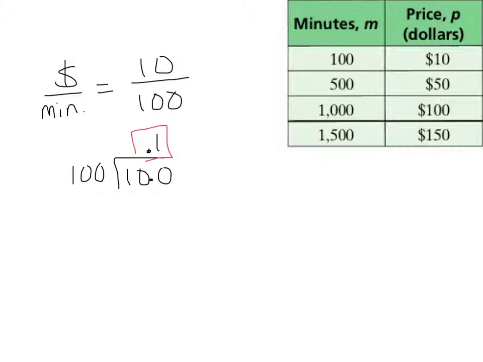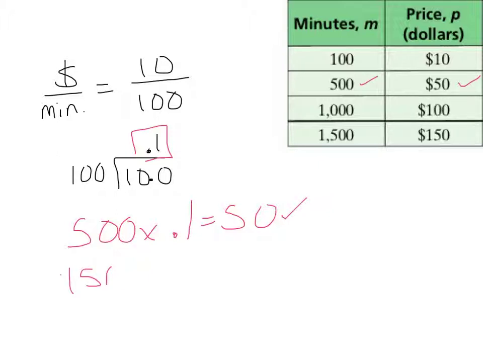It's just that easy. Just divide the top number by the bottom number. So we can go back and check this to be sure that our unit rate makes sense. If our unit rate is 0.1, that would be like having 500 times 0.1 equals 50. So for $50, they got 500 minutes, so that works. How about if we do the big one?